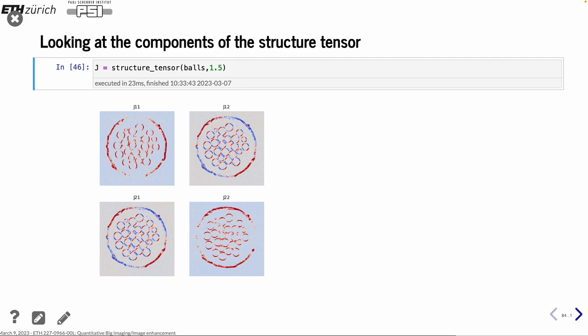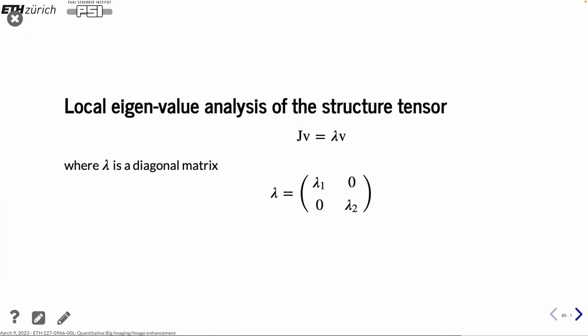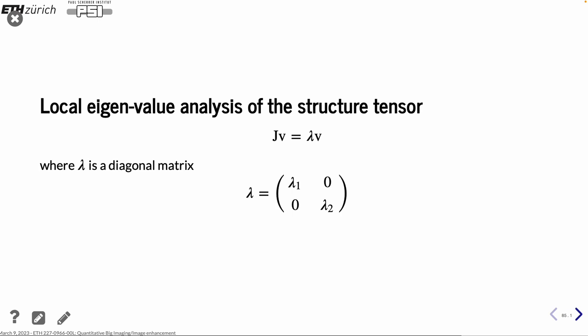This can be used now, all of them together, by doing some eigenvalue analysis, where we have, in principle, the structure tensor here in the eigenvalue problem, and we get 2 eigenvalues, lambda 1 and 2, which tell the energy in each direction.